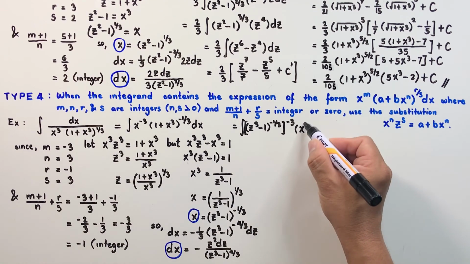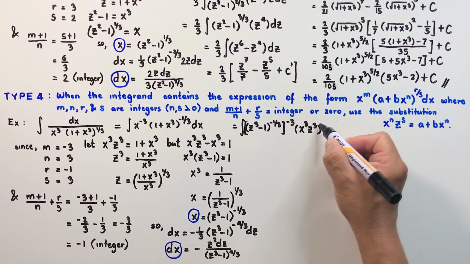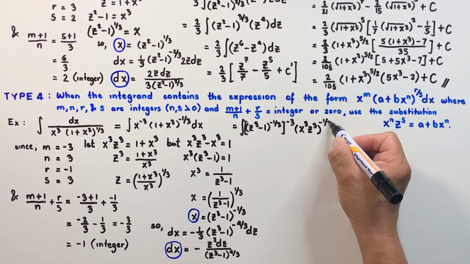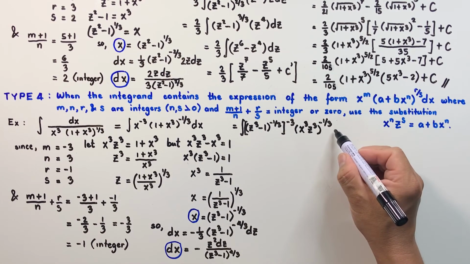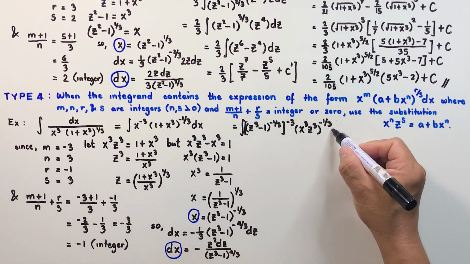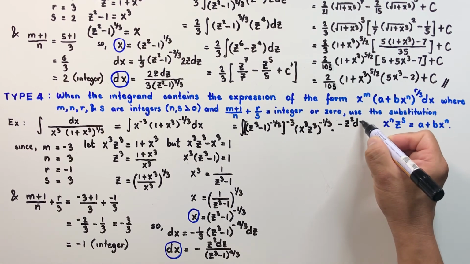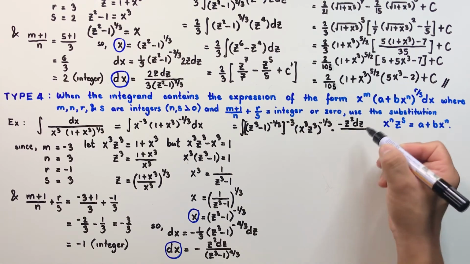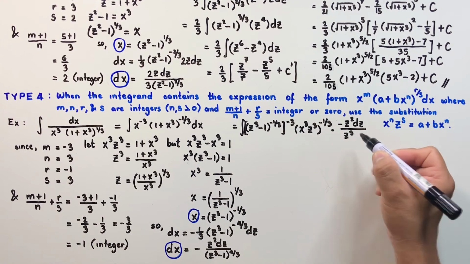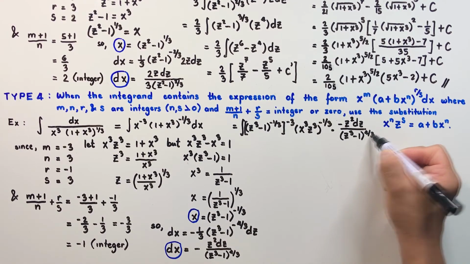So we have x cubed times z cubed raised to the exponent of negative 1/3. But our dx is represented by this one here. So this is multiplied by negative z squared dz over z cubed minus 1 to the power of 4/3.